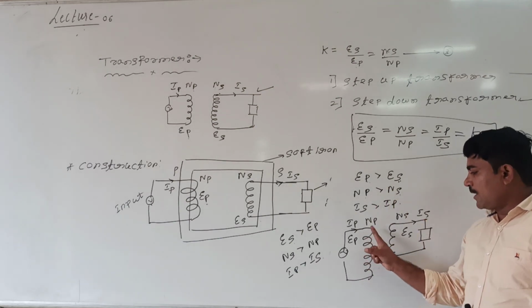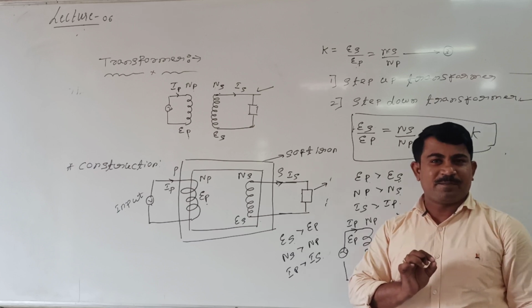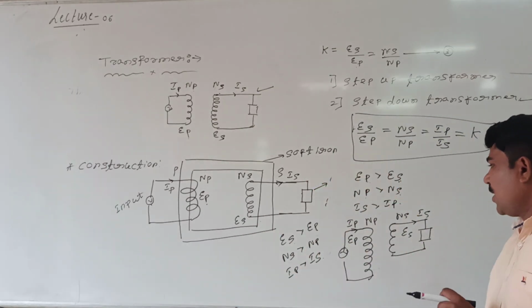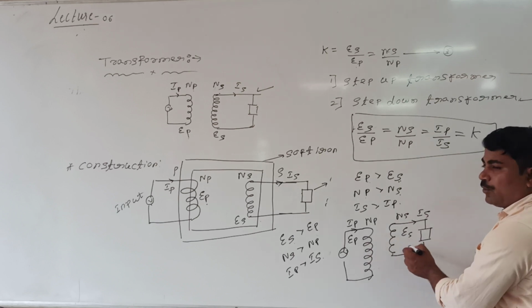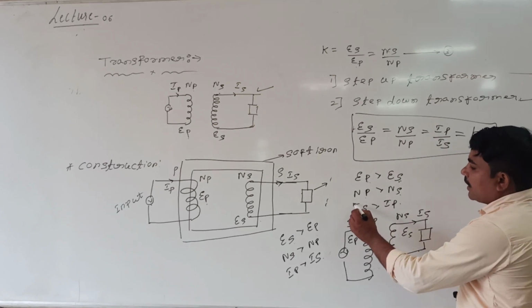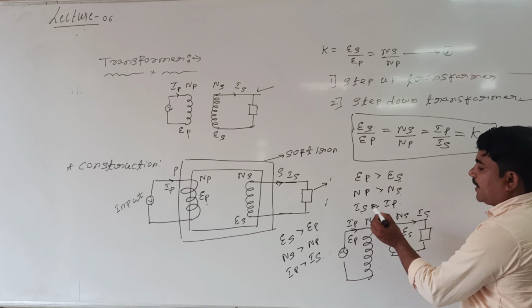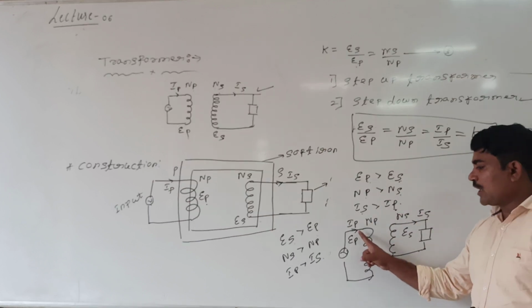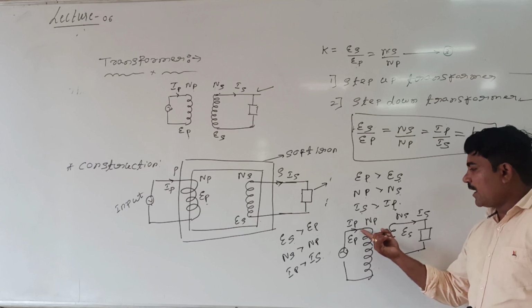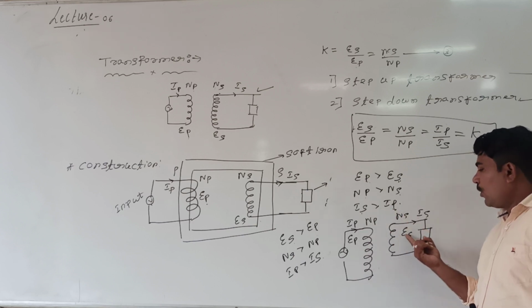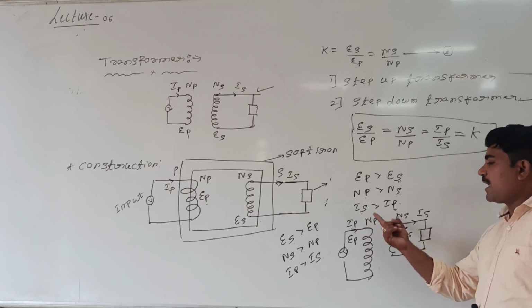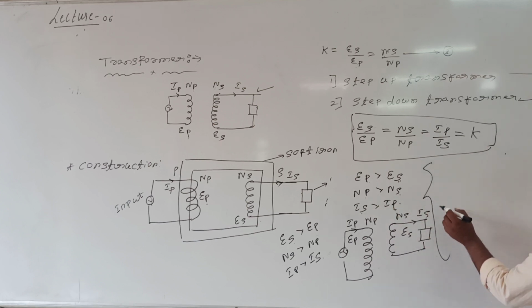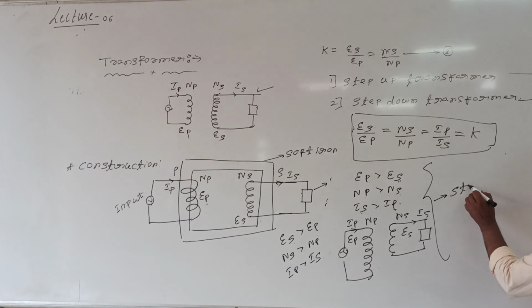Current in the secondary must be greater than current in the primary. High voltage means low current, and low voltage means high current. IS must be greater than IP. This is the condition for a step down transformer.